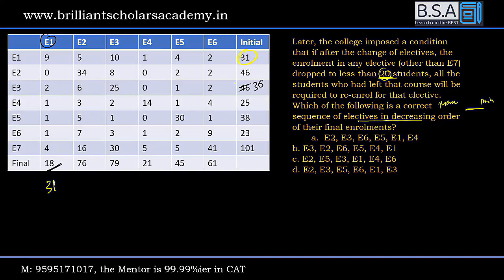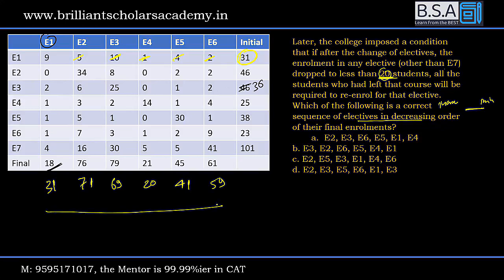You are going to ask everyone to come back. So it is going to become 31. The 5 who had left, that will reduce. The 10 who had left, that will reduce. People have to come back. This 1 comes back, so that reduces by 1. This 4 comes back, 41. This 2 comes back, 59.